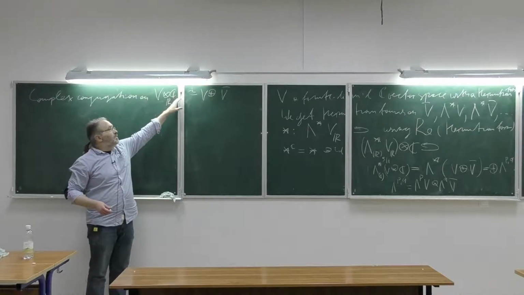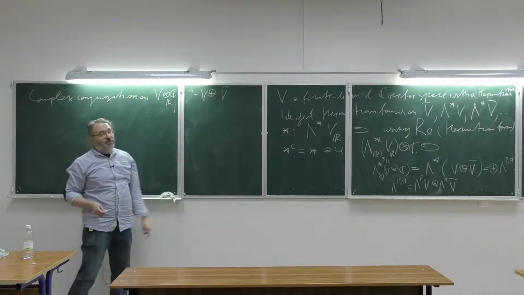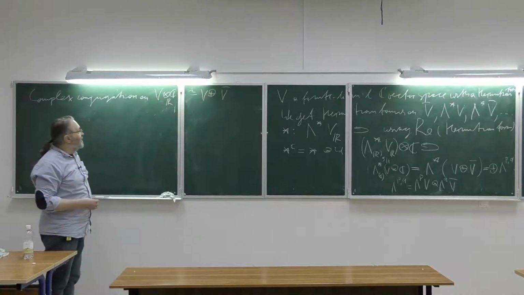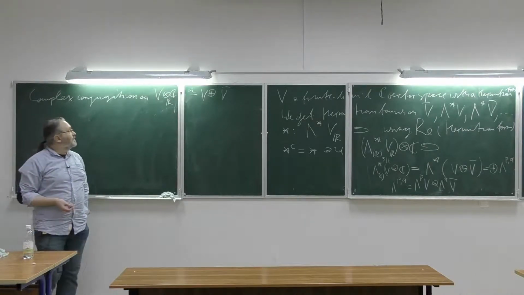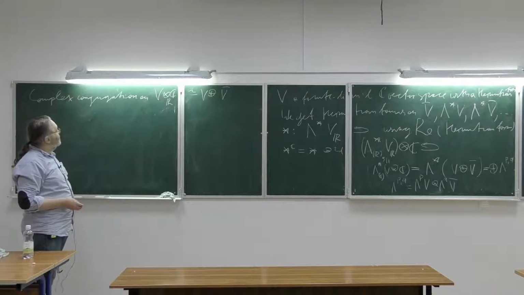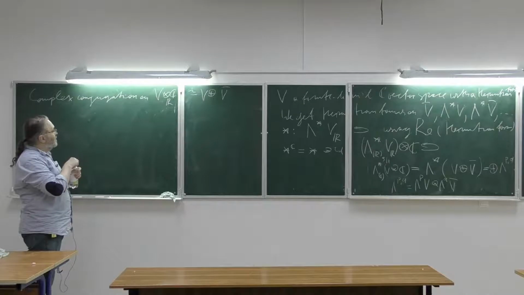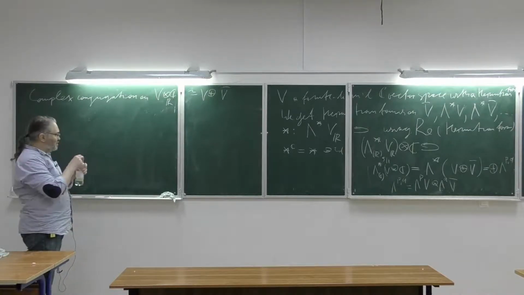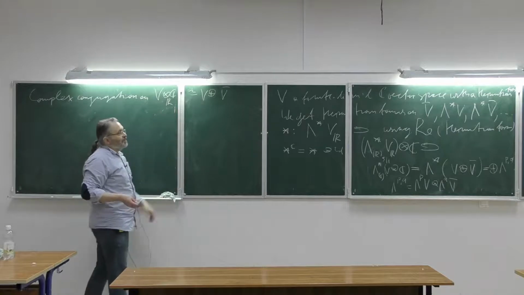Because we tensor something by C. And we use this complex structure, which comes from C. And then, since we have a complex vector space, we can take the complex conjugation.